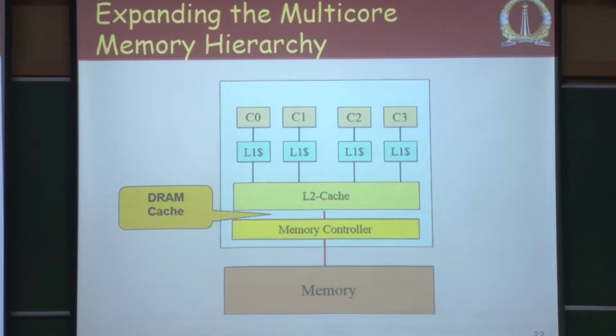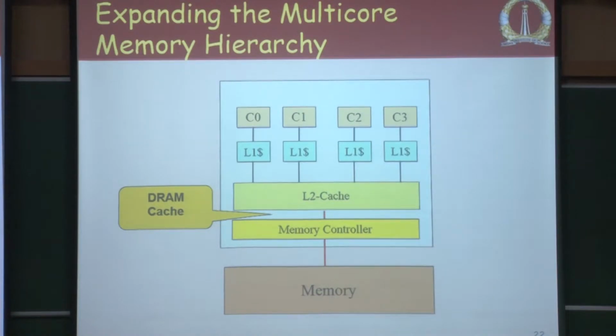How? We can do it using what is called die stacking technology. I will show you that in the next diagram. Then I could potentially have a DRAM which I could use as the last level of cache. We already talked about L1, L2, maybe L3, which are the last level SRAM caches.